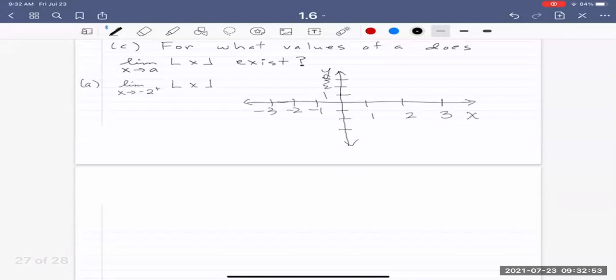So the floor of x is equal to n if n is some integer, and if x is between n, and it could equal n.